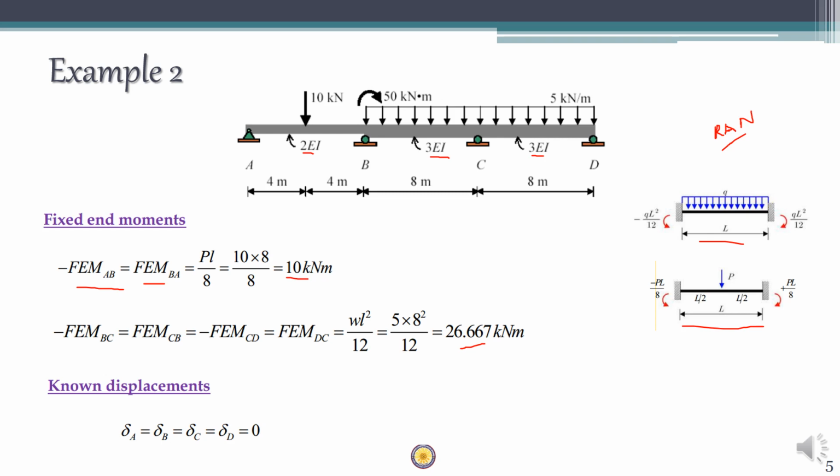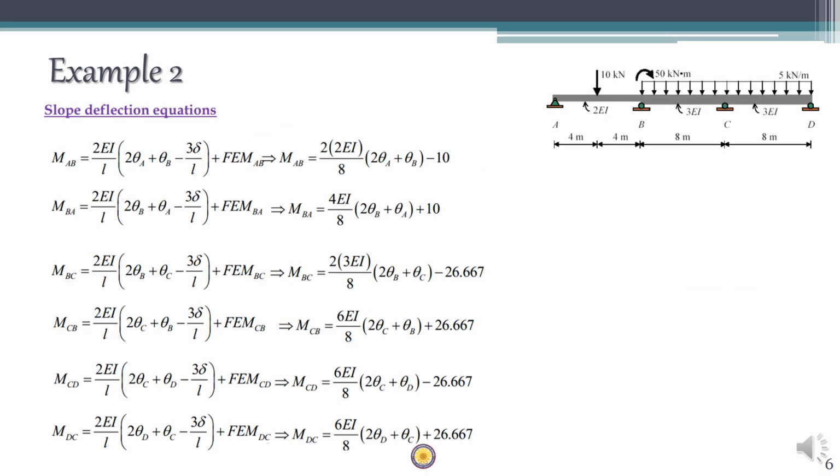So theta A, theta B, theta C and theta D are unknown, which means that we have to have 4 simultaneous equations to find out these unknowns. Okay, so let's do the slope deflection equation for each of the cases. Since there are 3 spans, there are going to be 3 into 2, 6 slope deflection equations.